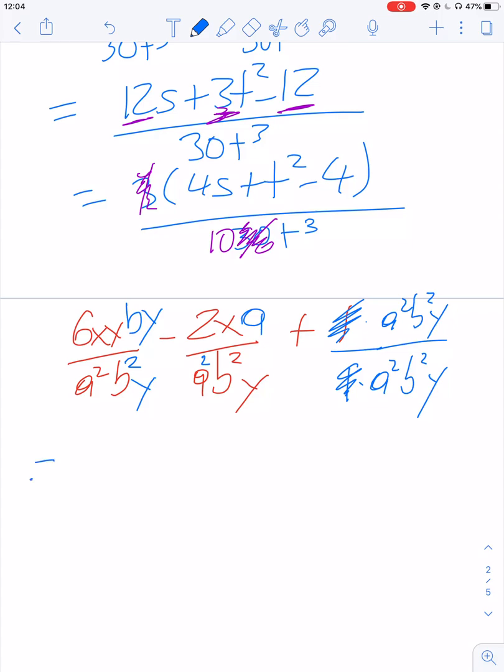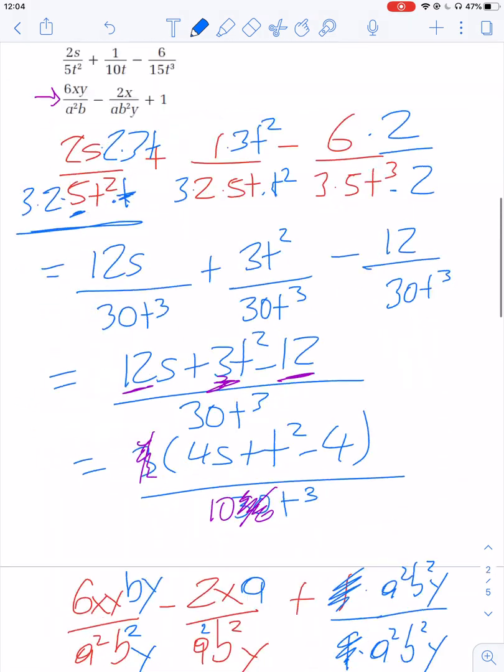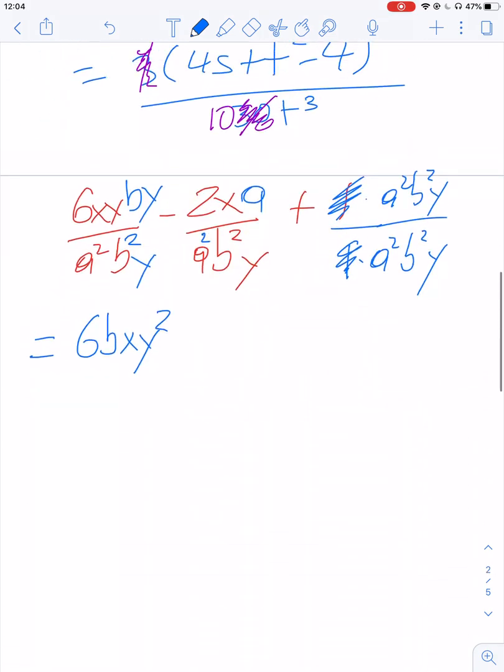So let's just clean this up, because on top I have 6, right? And let's just make it alphabetical. So b, and then x, y squared, right? I think it was 6xy, right? Yeah, so y squared. So I'm just combining the y's together. And then in the denominator, you have a squared b squared y.